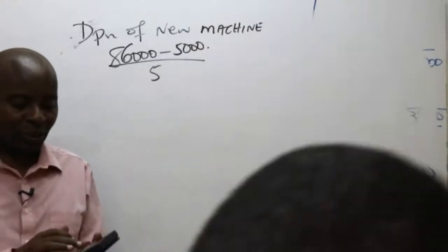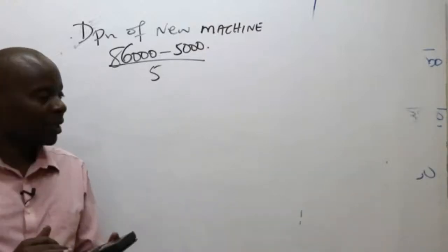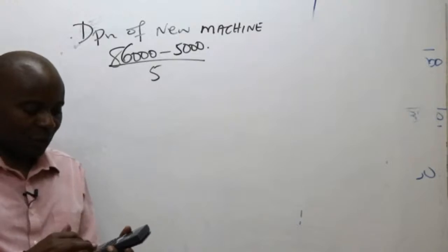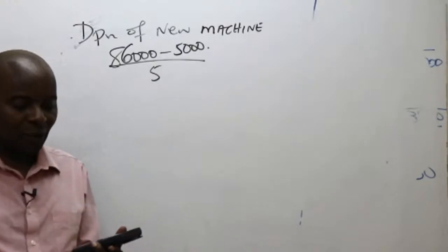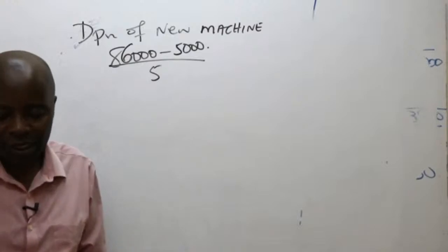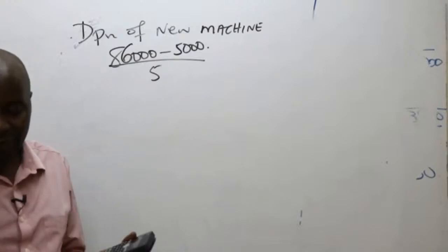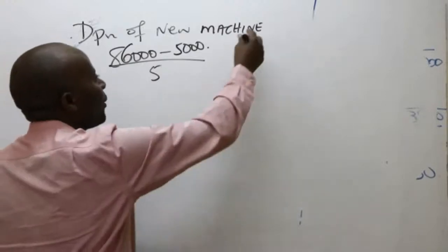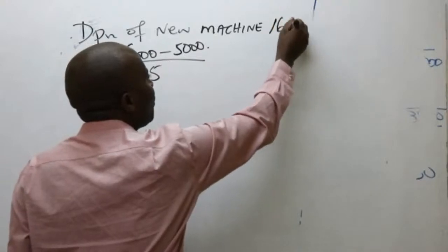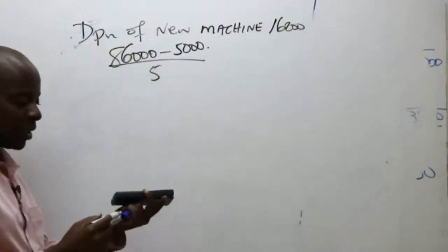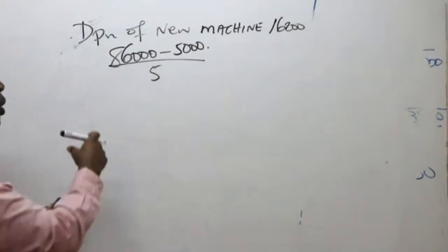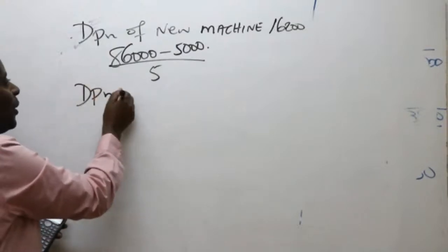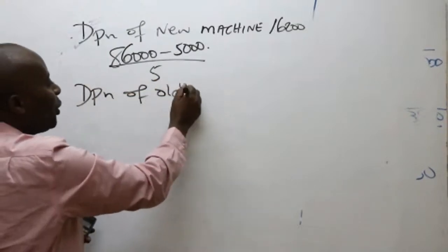This will be 86,000 minus 5,000 divided by 5, which at the end of the day will give me 16 what here? 16,200. I'm being given a figure of 16,200.